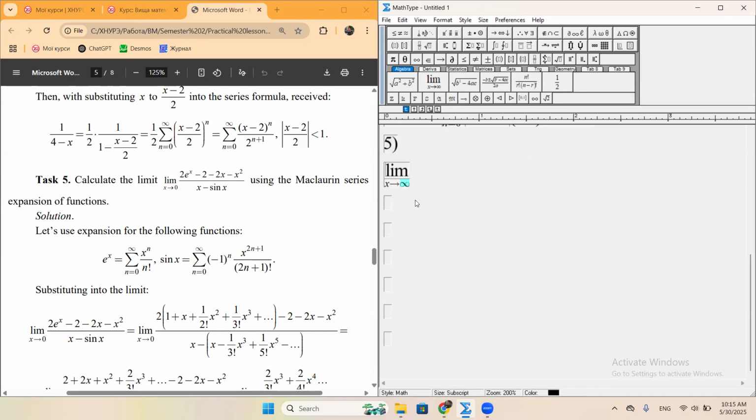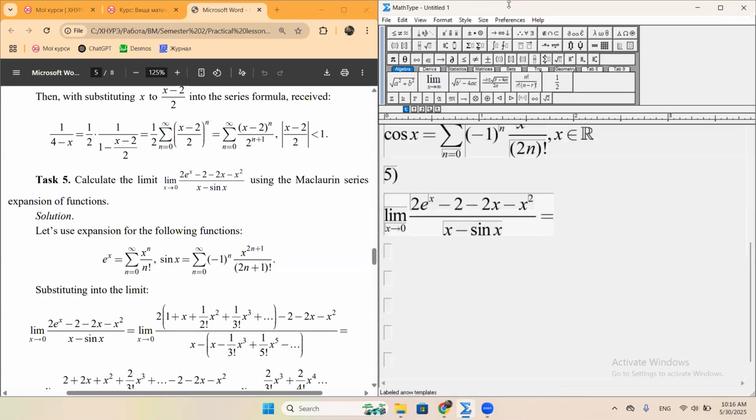So x approaches 0, 2e to the power of x minus 2 minus 2x minus x square, and in the denominator x minus sine of x.